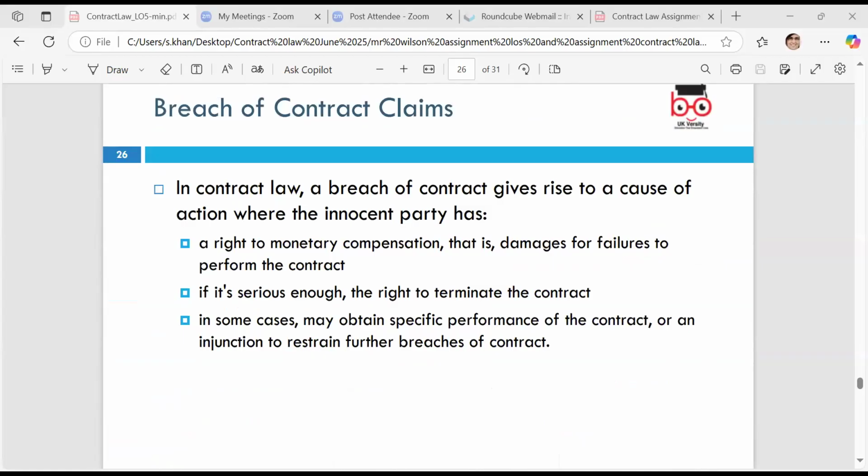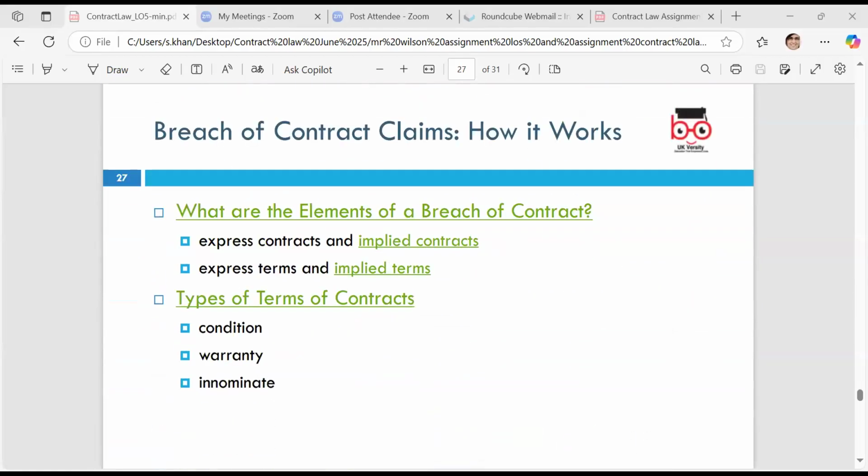So a breach of contract claim arises when one party in a legally binding agreement fails to fulfill its obligation as specified in the contract. To successfully pursue a claim, the claimant must demonstrate the existence of a valid contract and the other party's breach of that contract resulting in damages. So breach of contract claims, how it works.